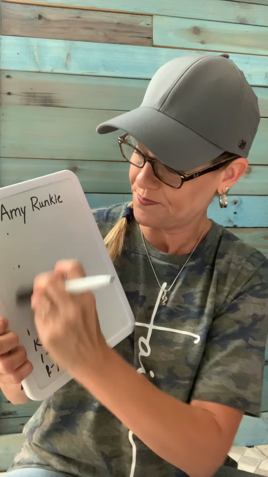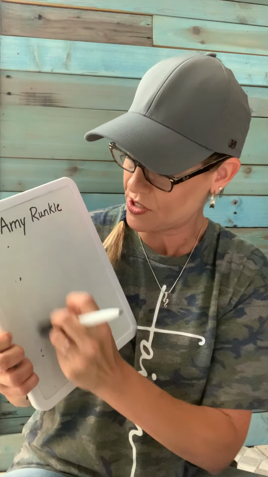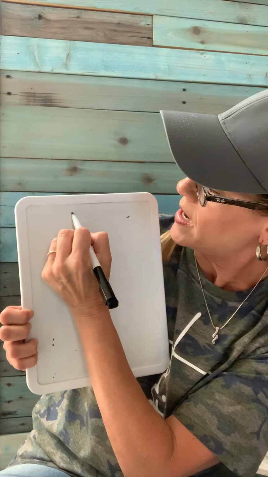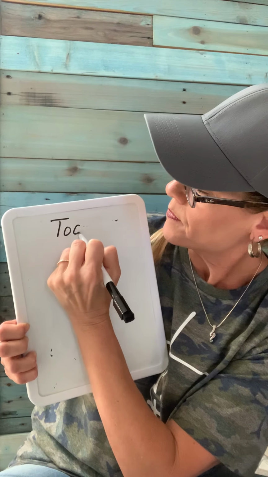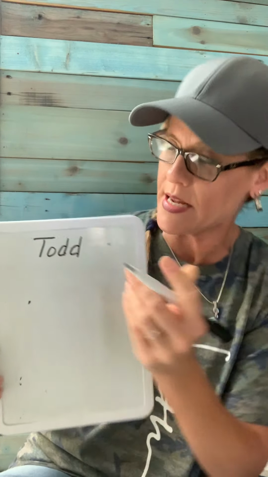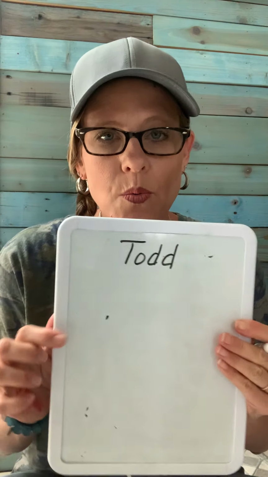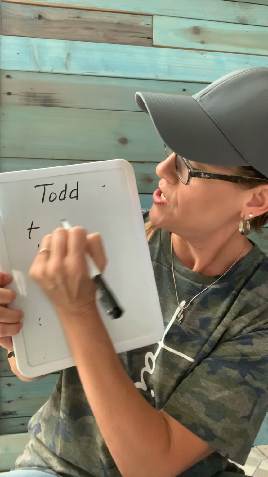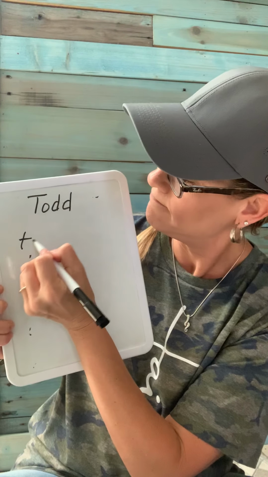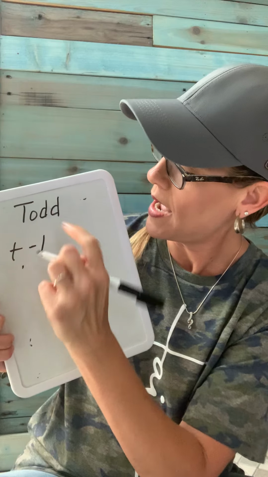So let's move. Let's look at Mr. Todd. Let's look at his first name, okay? Just his first name. I'm going to write it right up here. T-O-D-D. So let's look at his name. We have a T. Do you see any other T's? Nope, just one. How about the O?